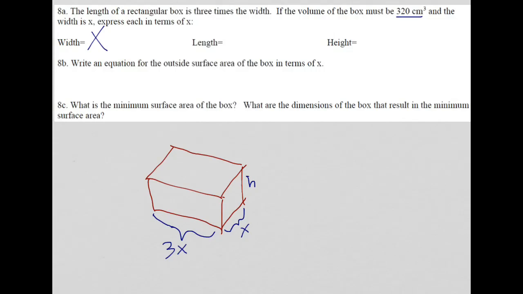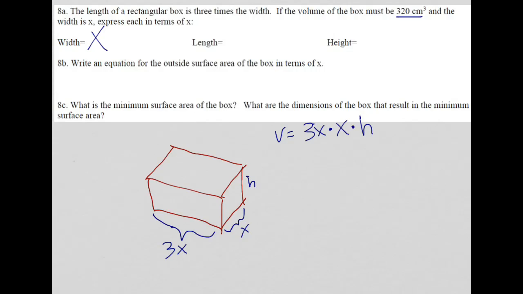Well, this is just 3 of those, length times width times height. So my volume equation is volume equals my length, which in this case is 3x, times my width, which is x, times my height.